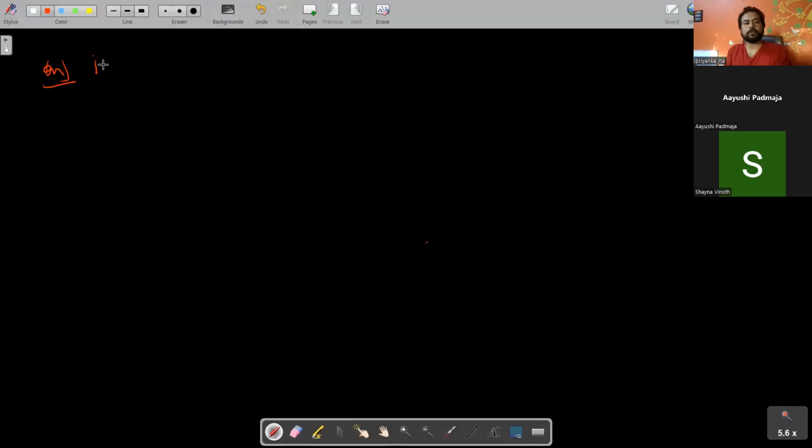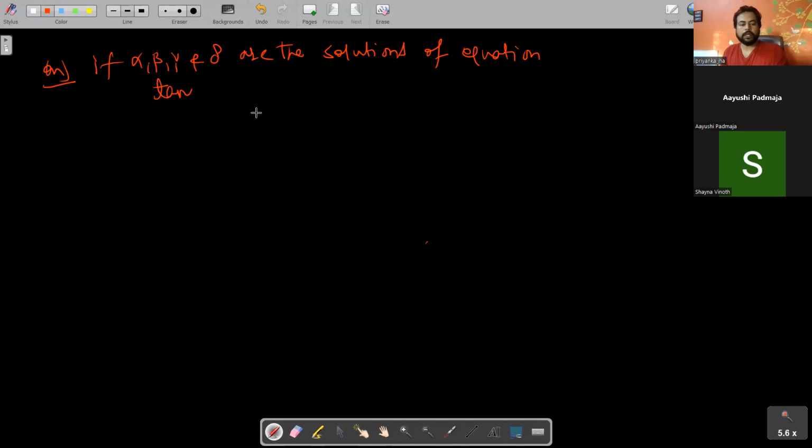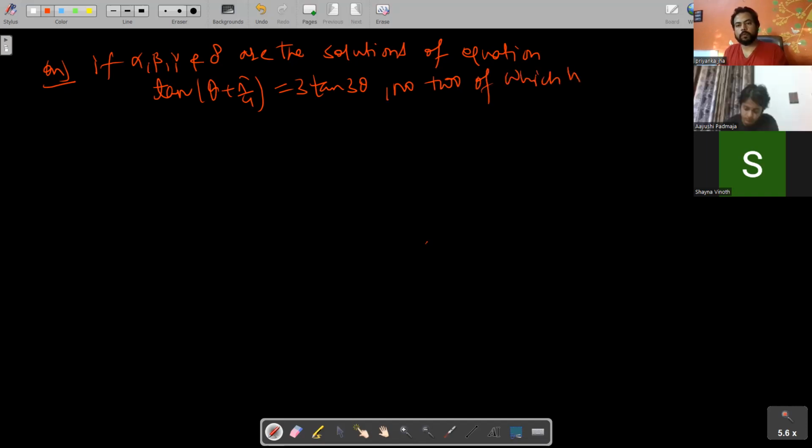Next question. See, the question says: if alpha, beta, gamma, and delta are the solutions of the equation tan of theta plus pi by 4 equal to 3 tan 3 theta, no two of which have equal tangents.